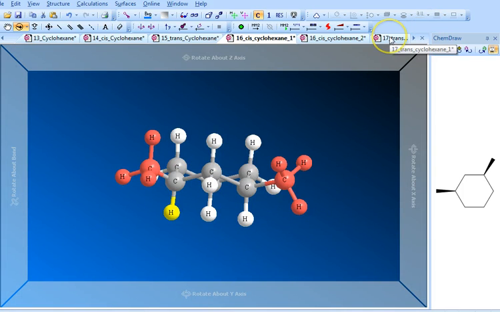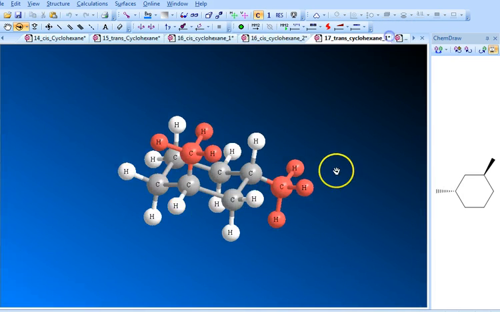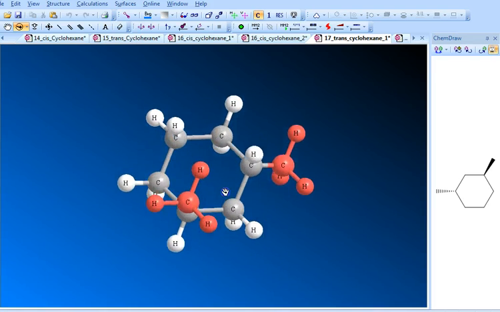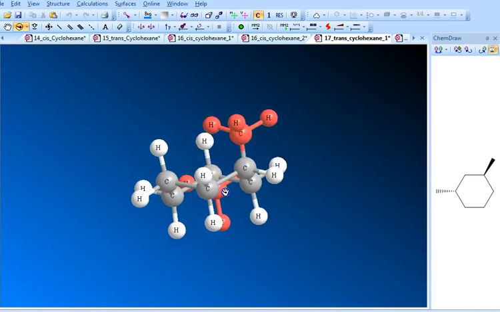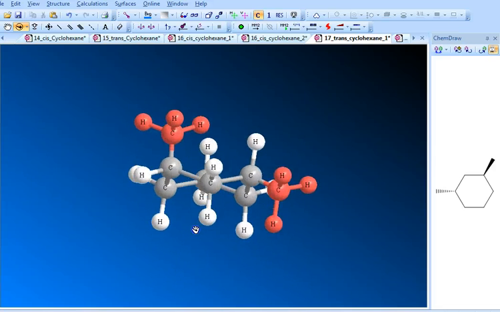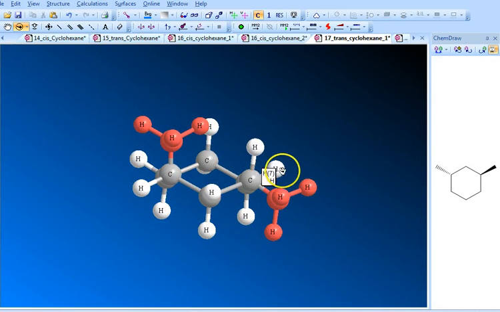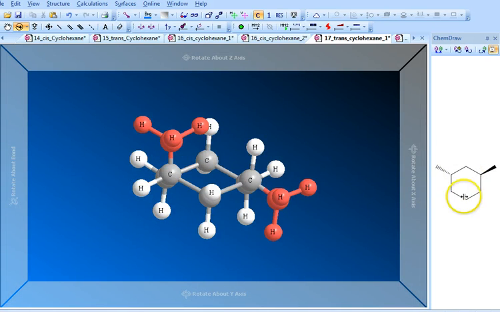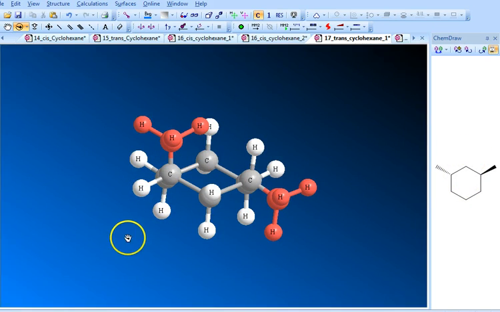But let's talk about trans, if that actually changes the situation. So this is a trans molecule, a different molecule. Here we have two methyl groups on the first and third carbon, and they are trans. This is down as compared to this hydrogen, this is up as compared to this hydrogen. So obviously this is trans cyclohexane.